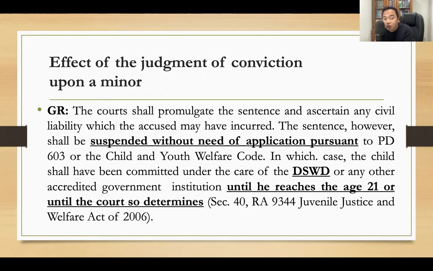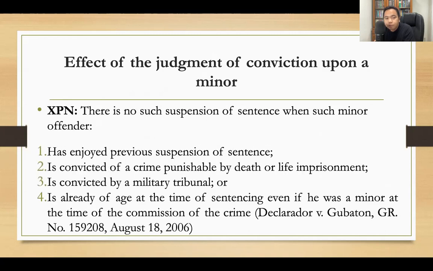It is automatic. If he is convicted, the sentence is suspended and he will be committed not in the jail or the BJMP detention facilities, but under the care of the DSWD until he reaches the age of 21 or until the court so determines.